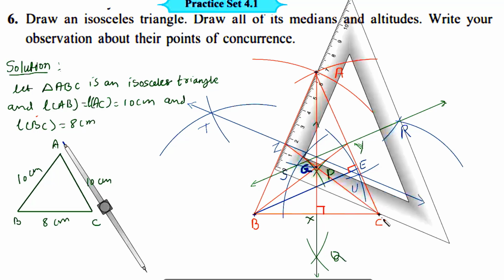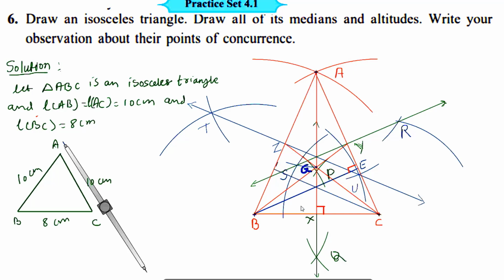To draw the altitude from vertex C to the opposite side, put the set square along the side AB as shown here and the other side on the vertex C. Draw the perpendicular from vertex C to the opposite side AB. Therefore, at point F, segment CF is the altitude of triangle ABC.